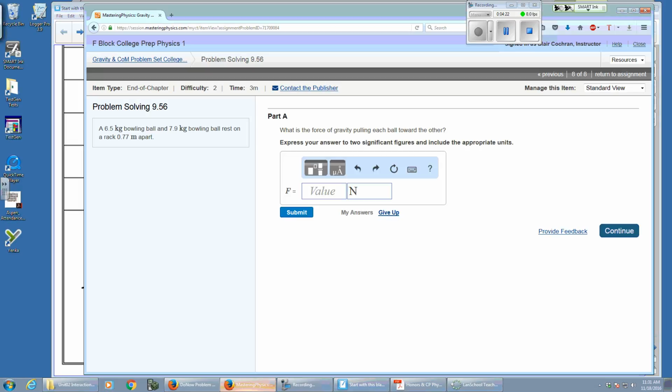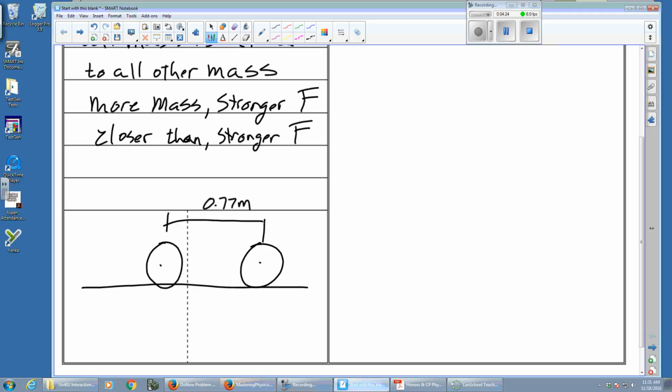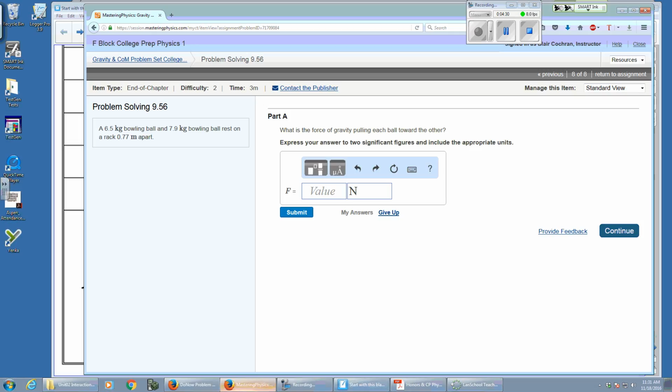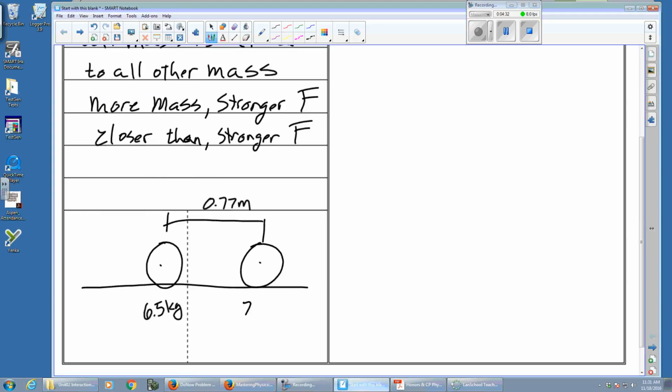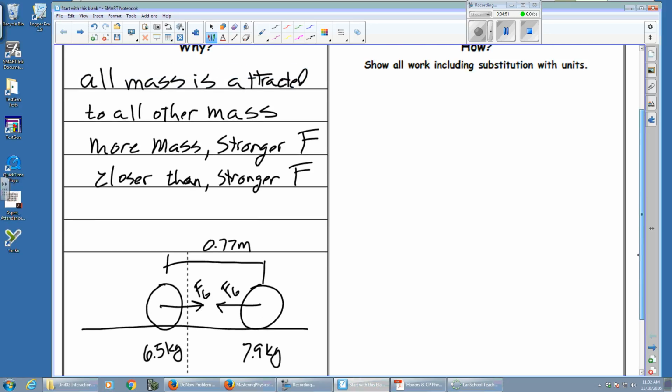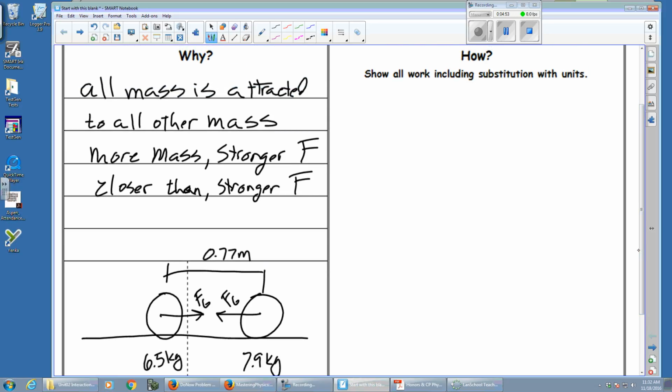Do I want to keep it in kilograms? Yes. And what was the other one? 7.9. And I even drew that there were 2 forces, and they were gravitational forces. So that was my Y, those points, and then the drawing. Drawings are always kind of helpful.